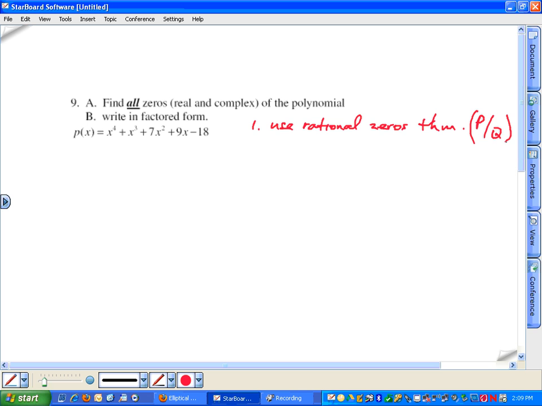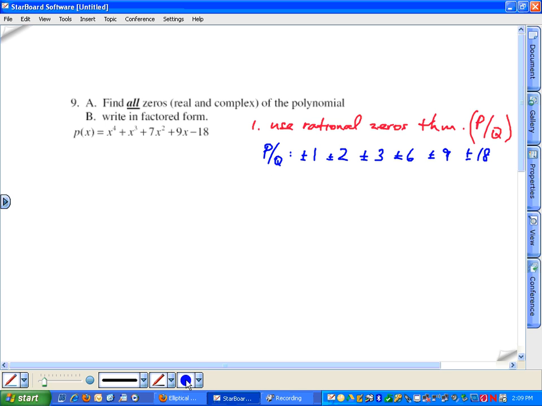P divided by q. Factors of 18 are p. Factors of the leading coefficient here are q. So p divided by q is going to be a list of plus or minus 1, plus or minus 2, plus or minus 3, plus or minus 6, plus or minus 9, and plus or minus 18.